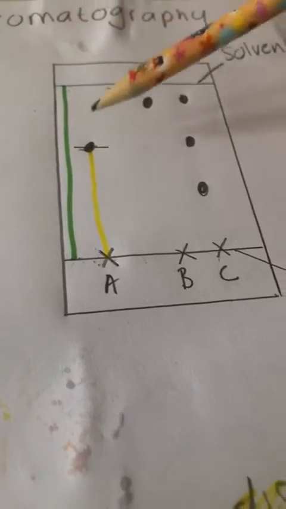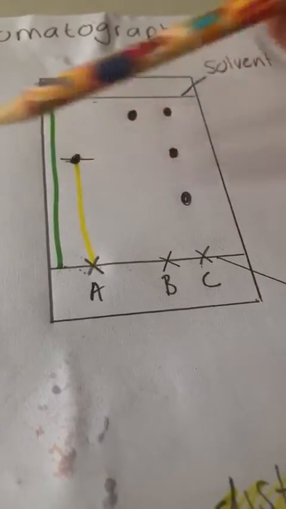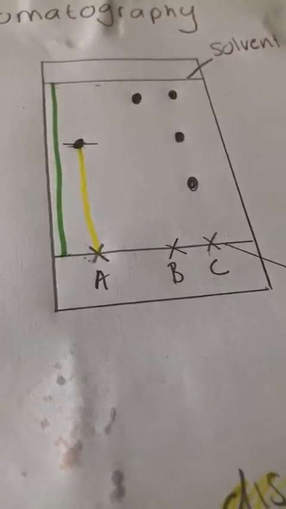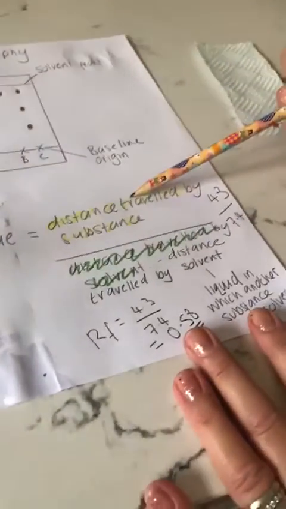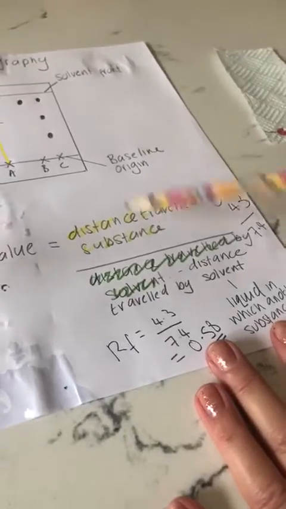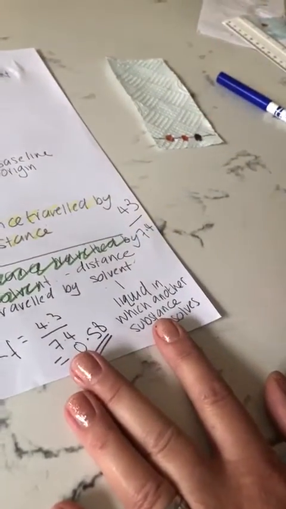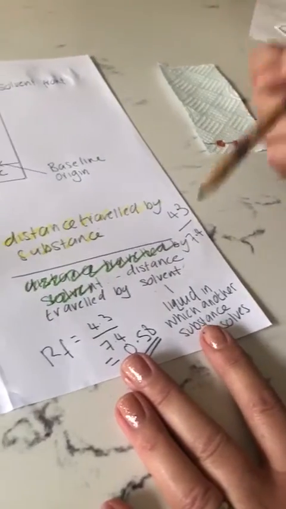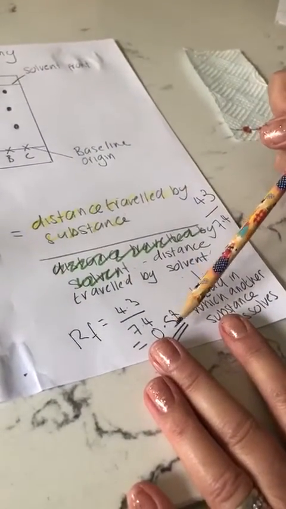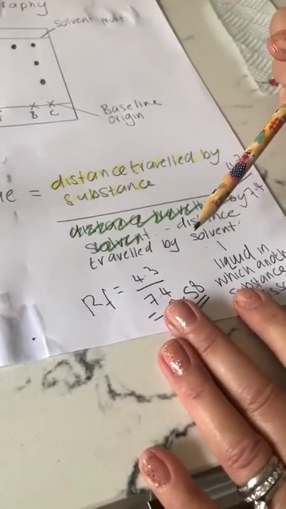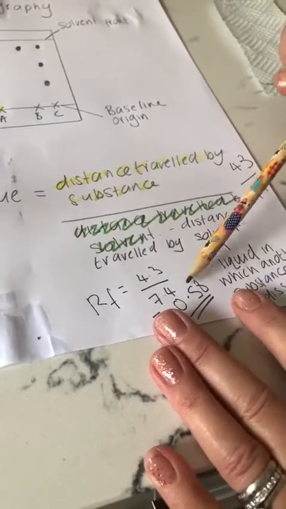Making sure that if you've measured this distance in centimetres, you measure this distance in centimetres. And then you just divide the distance travelled by the substance by the distance travelled by the solvent. Now, if you ever get a value greater than 1, or 1 or above, you have calculated this wrong. It has to be less than 1.